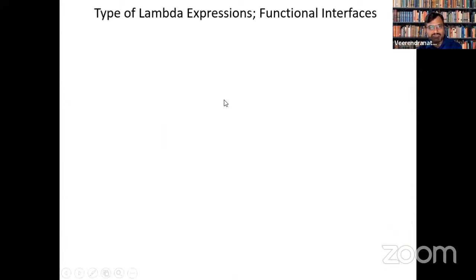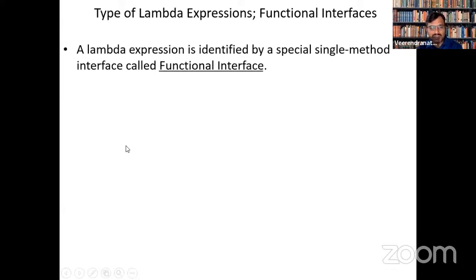Moving forward, we now go for the functional interfaces, which are nothing but our lambda expressions. Some technical things we need to understand before diving into the programming. A lambda expression is always identified by a single method interface.